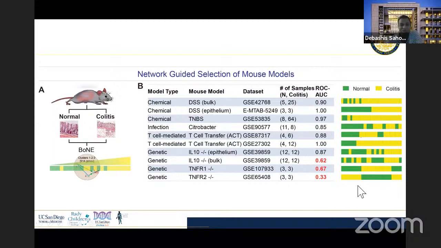The genetic model completely randomized the normal and the colitis samples. And this is an insight that you can get: if you want to understand human IBD, you probably need to look at these other models as opposed to the genetic model.